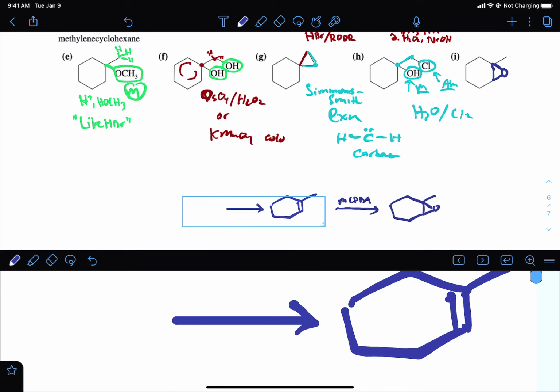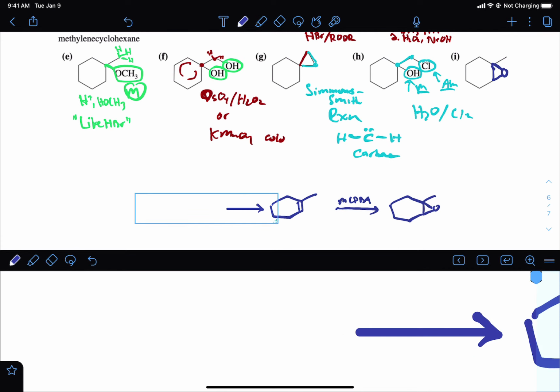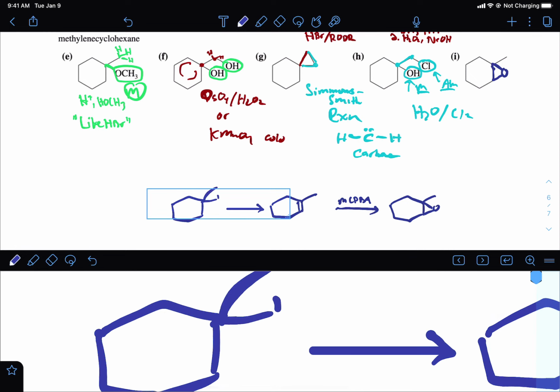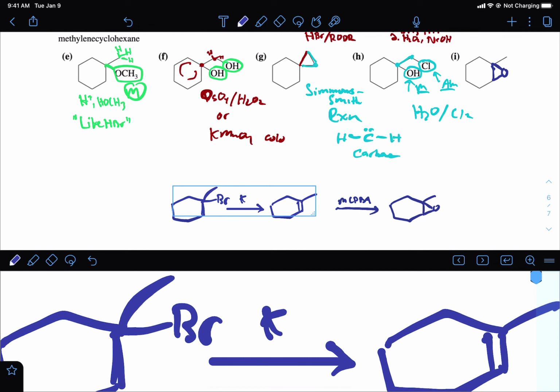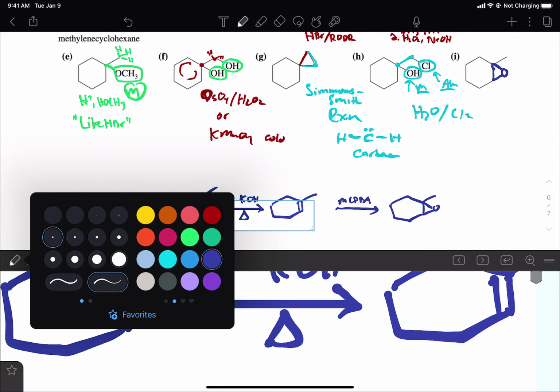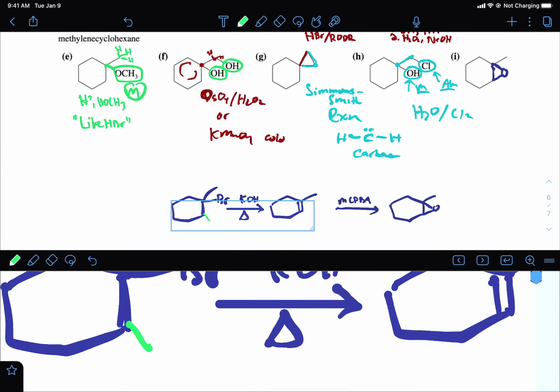We know how to make double bonds by elimination. So what if we had something like that with our bromine there, and then we do Zaitsev elimination, KOH and heat, so that we remove one of those H's or one of these.